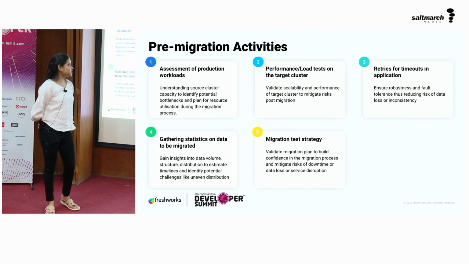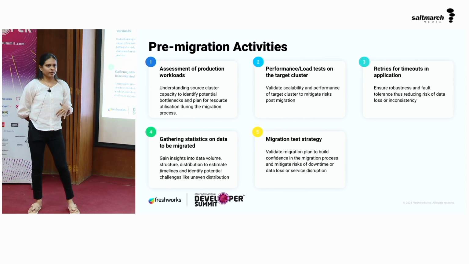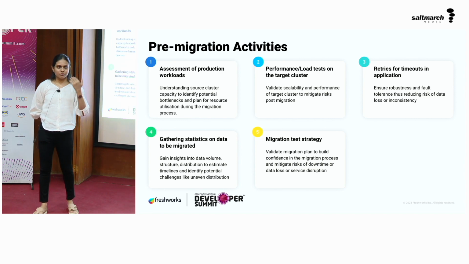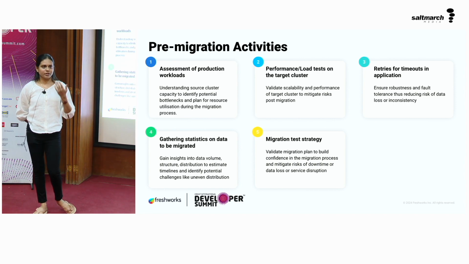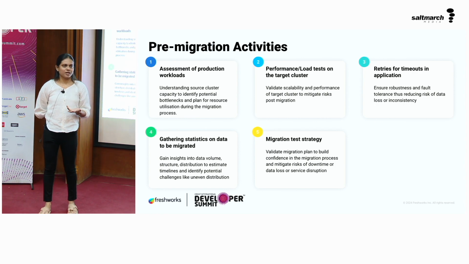And testing: not everything can be tested in the lower environment. Although we did quite some amount of testing in the lower environment, not everything can be tested there because of the sheer difference in terms of the data volume, the nature of data, and importantly the traffic patterns.